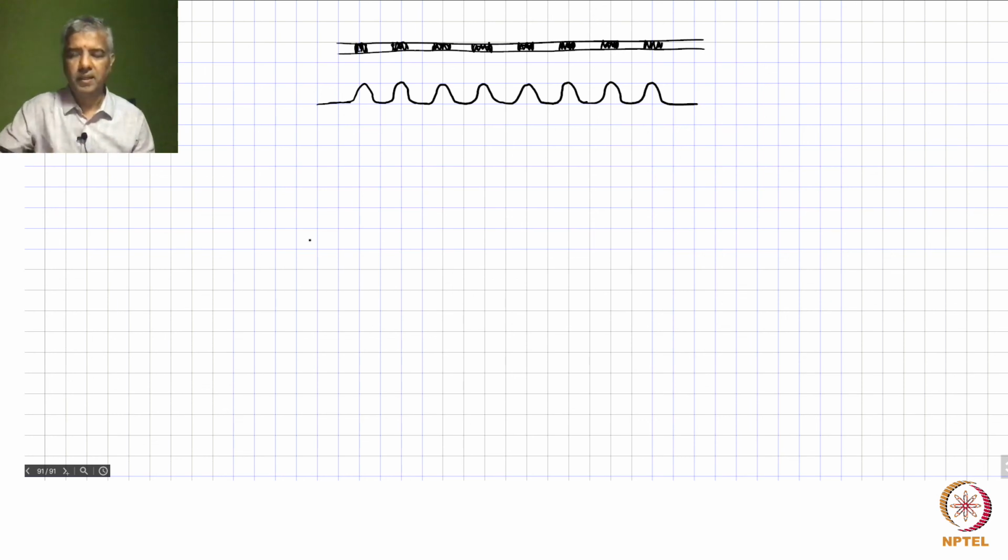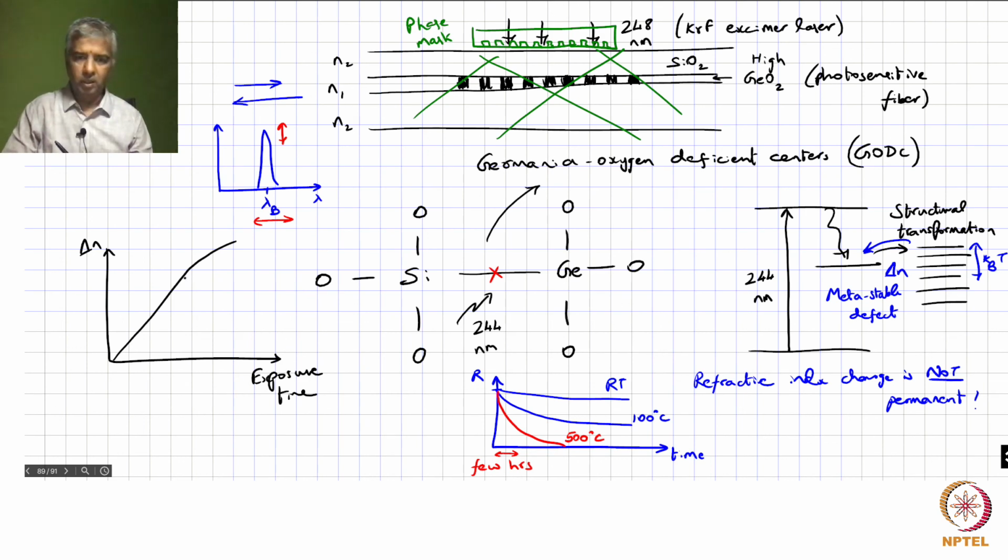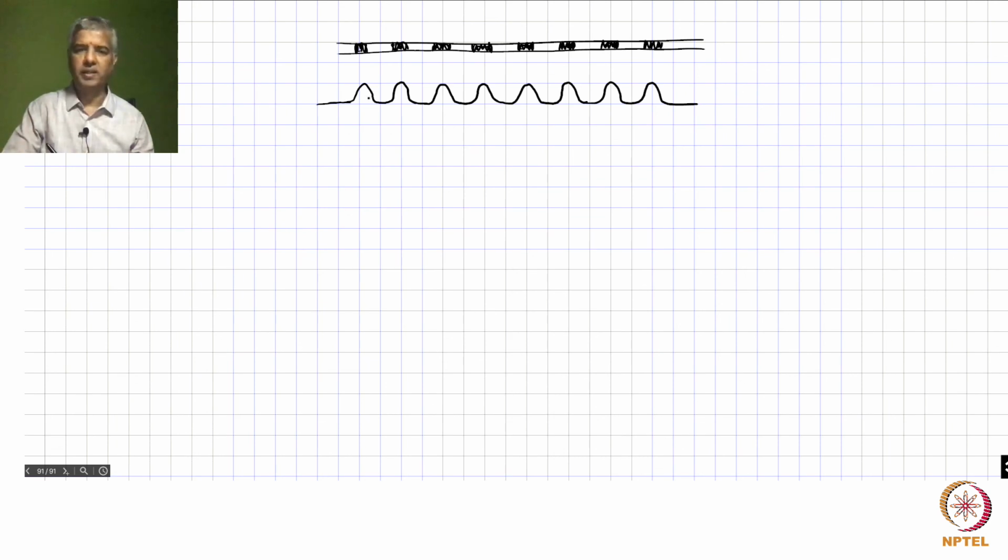Of course, what we talked about here is, as you expose it longer and longer, it will tend to saturate this grating, so it will start looking a little more squarish. But in terms of the reflection characteristics, what we are actually seeing is the average refractive index across this grating structure.